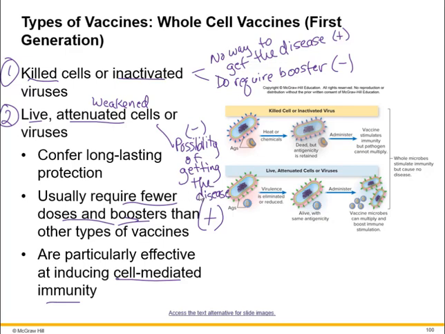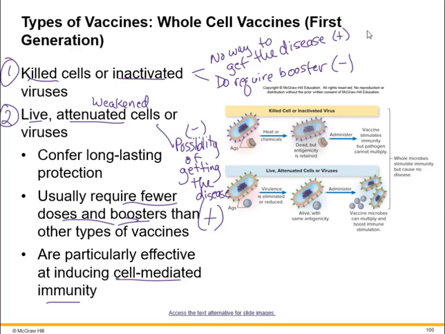So these replicate inside the host, and so they don't need to have a booster because they continue to produce antigenicity, and they continue to produce a good immune response. So there's one positive and negative for each of these, at least one positive and negative.